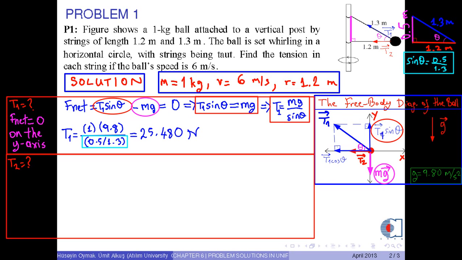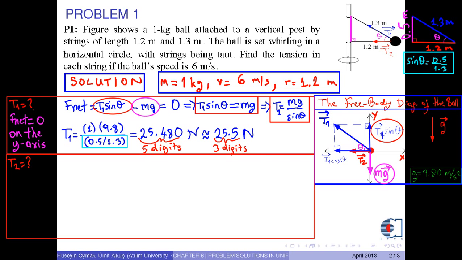And the result is 25.480 newtons, which is approximately 25.5 newtons. Again, remember that the intermediate result is in 5 digits and the final result is in 3 digits.